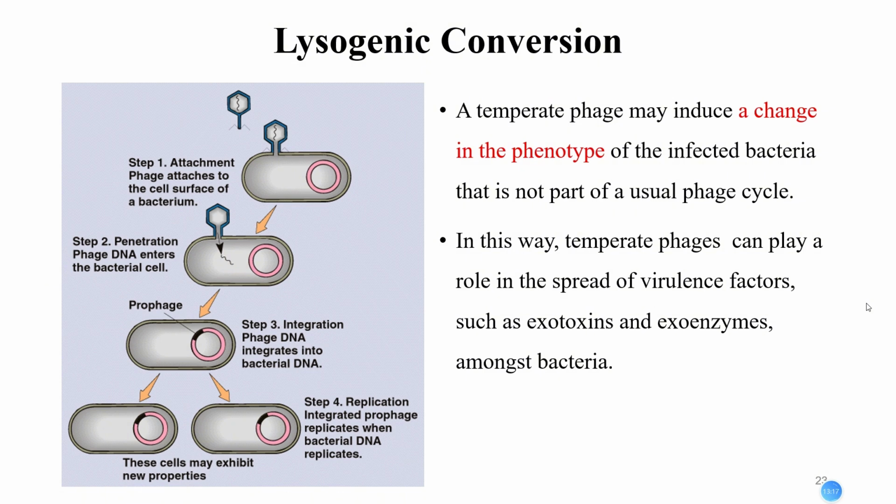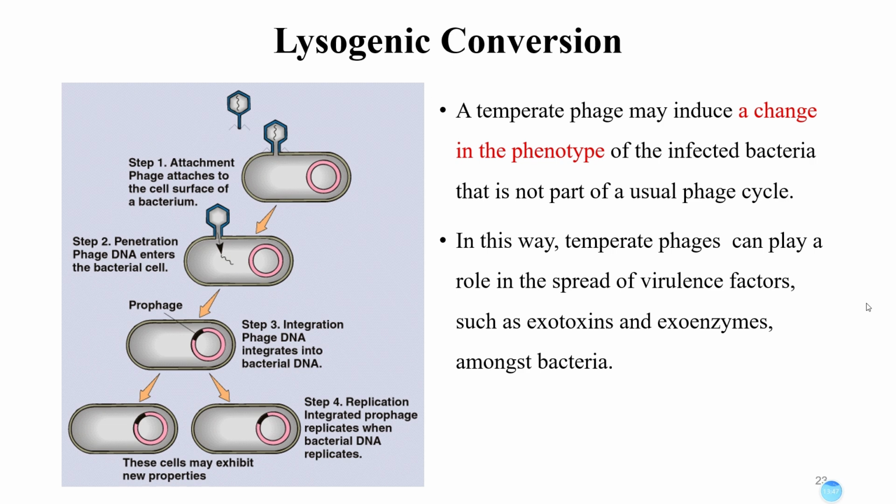Okay, so this is a lysogenic phage, and there is another term we want to understand, called lysogenic conversion. When a temperate phage induces a change in the phenotype of the infected bacterial host, we call this phenotype change lysogenic conversion.